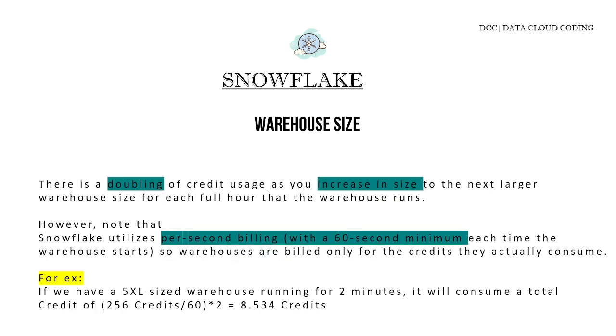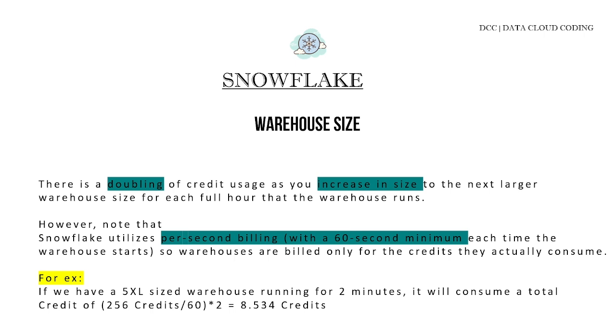And whenever we talk about warehouse size, we also have to talk about the per second billing feature of Snowflake. So we know that Snowflake utilizes per second billing, and there is also a minimum threshold period of 60 seconds. So let's suppose I create a warehouse, make it active for the session, and run it for a very small period of 40 to 45 seconds.